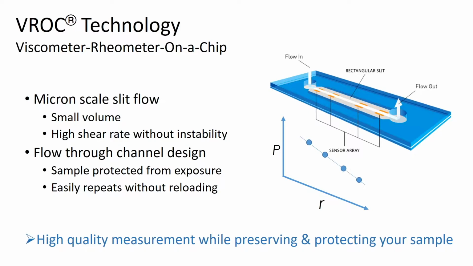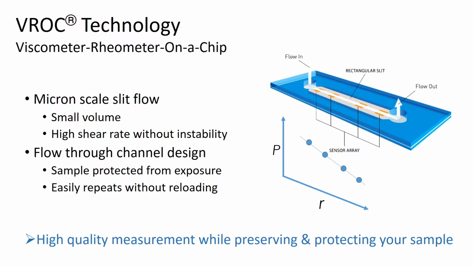Also, the flow-through channel design is such that your sample is never exposed to the environment. Unlike a traditional rotational rheometer, say with cone and plate or parallel plates, whatever fixture, where there's always going to be an interface exposed to the air. And if you have hydrophobic regions on your molecules or anything that would drive them to the interface, you're going to skew your results. So samples in this type of flow geometry are protected.